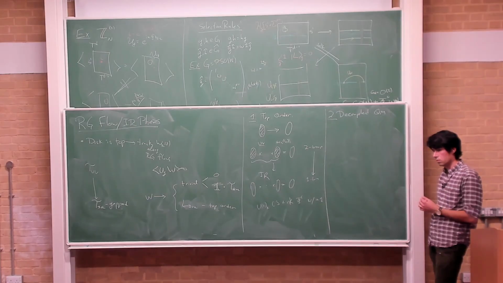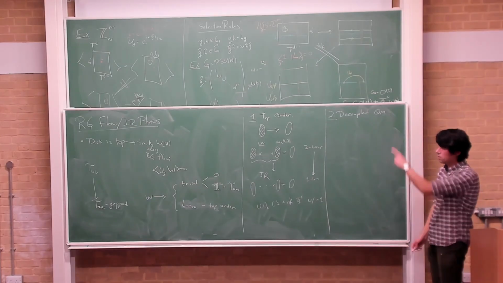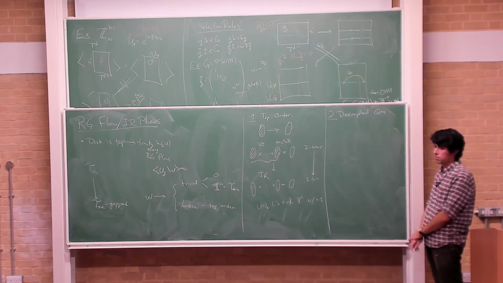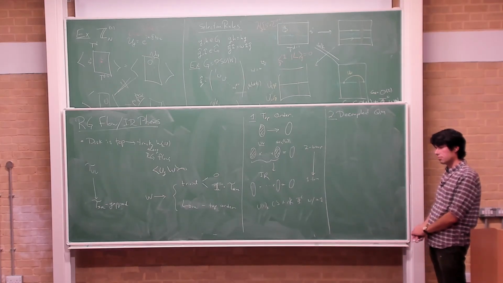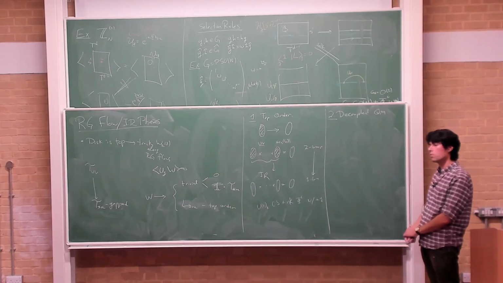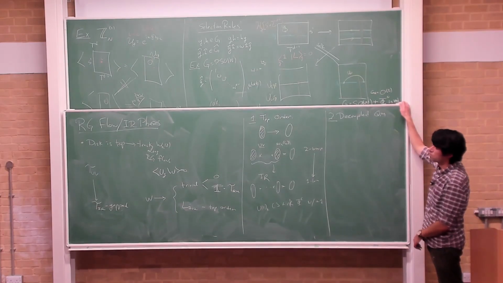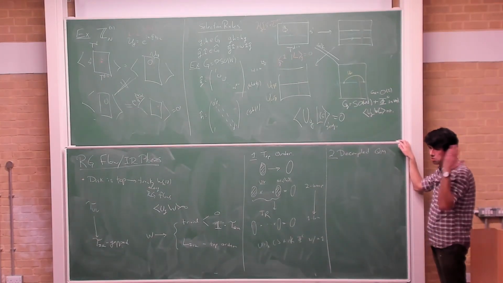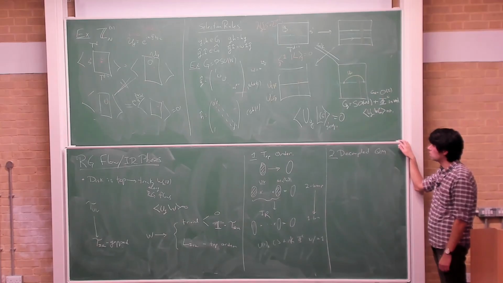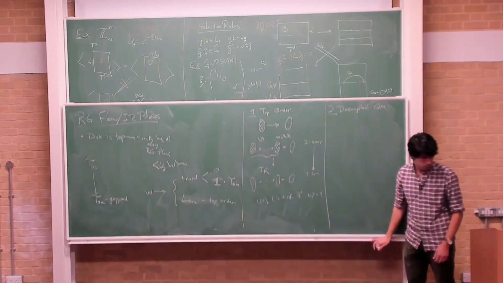That's true in almost all the examples I wrote down, just because I was working with complex scalar fields, and you can always give them a mass and integrate them out.